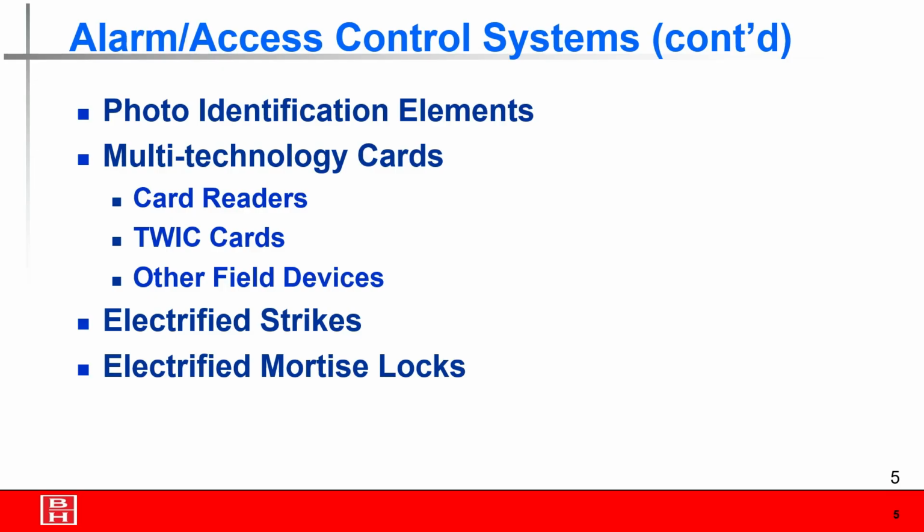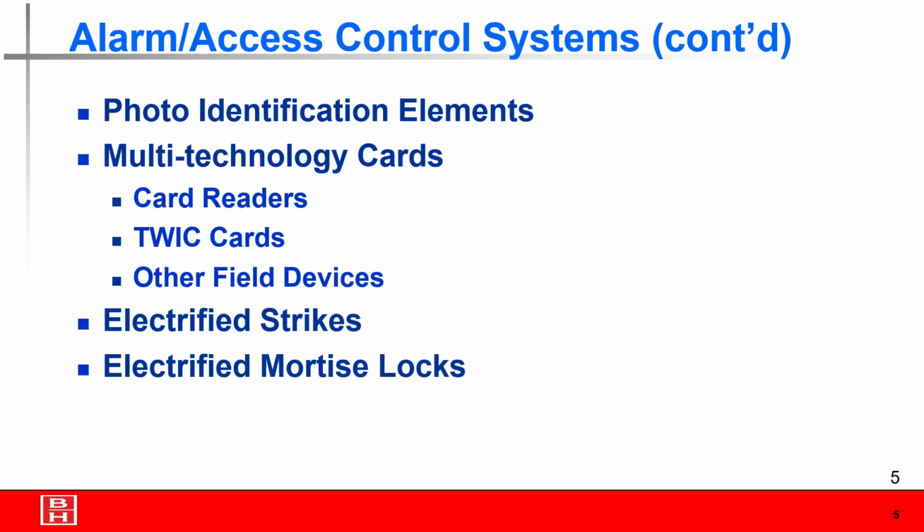TWIC cards. The Transportation Security Administration, TSA, has implemented the Transportation Worker Identification Credential. This means you are put in a system and verified who you are, so it's for getting onto docks, usually transportation. It usually includes a photo and a biometric credential. So it's really a high security, simple card.